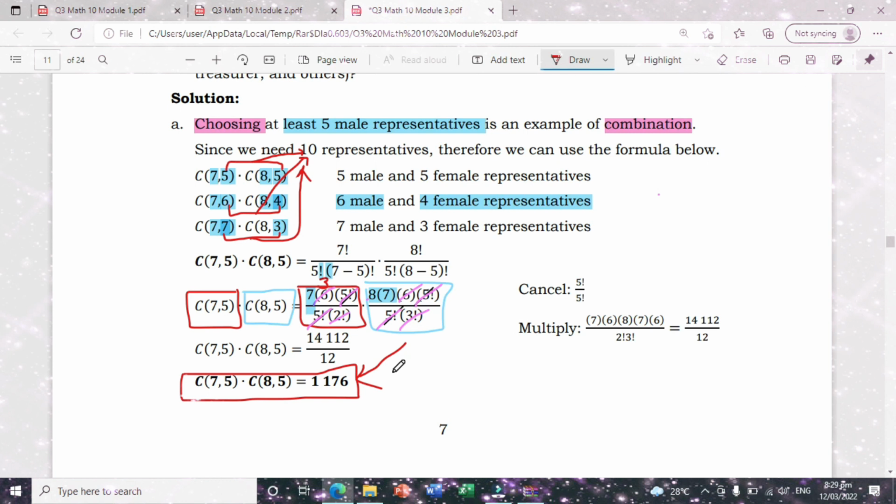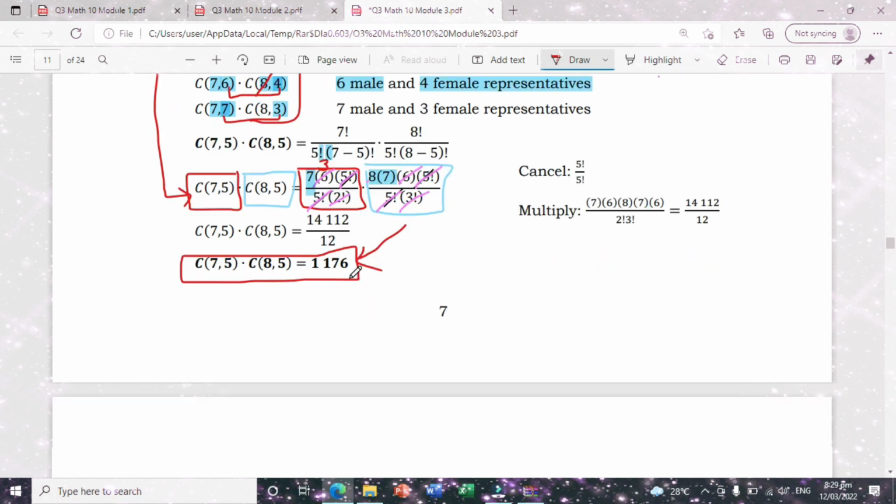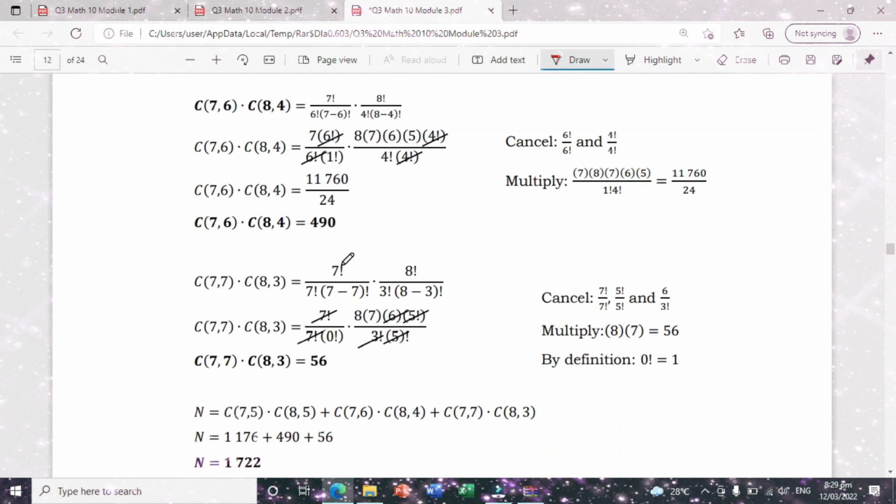Yun. But again, take note na ito pa lang yung sinosolve natin. Yan. Meron pa tayong ito C76 at saka C84. Ito rin C77, C83. Okay, so paki-review na lang. Please. I think kaya nyo to.